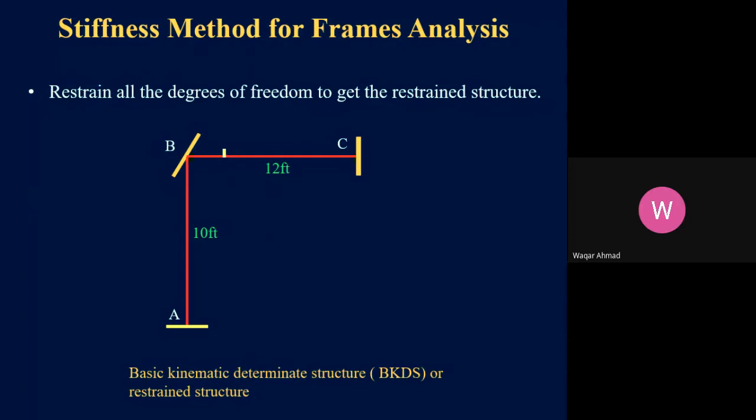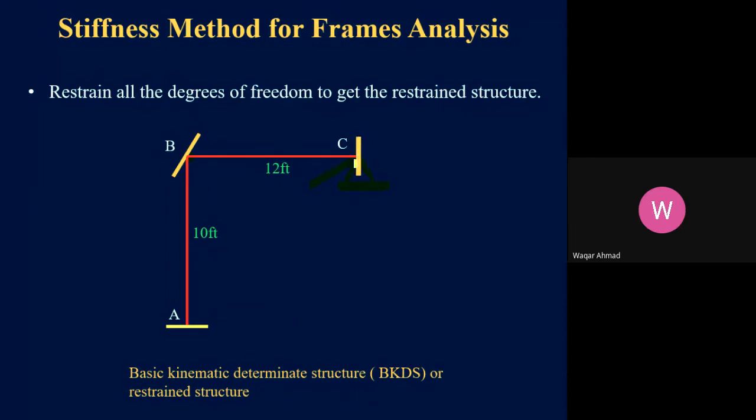Now, where was our D2? D2 was at point C. Now I make it fixed. Why do I make it fixed? Initially we had a hinge here. Now I replace this hinge by this fixed support. Why? Because I want to restrain this rotation, which was possible in the case of the hinge support.